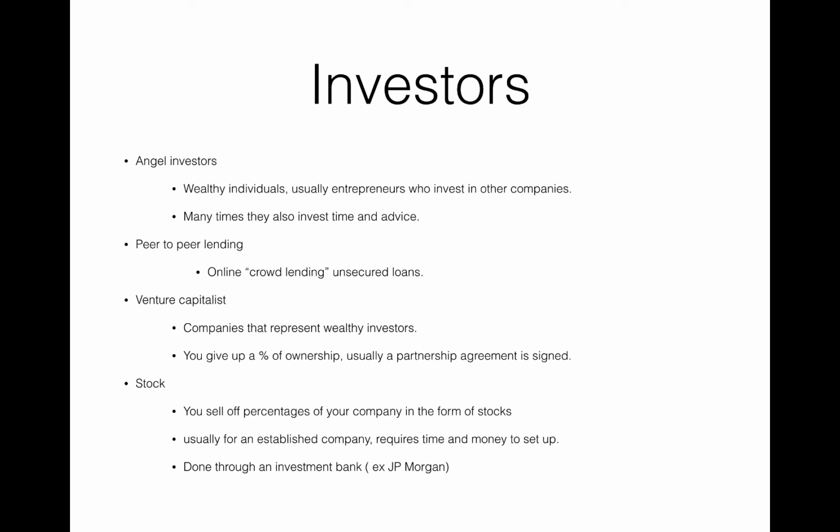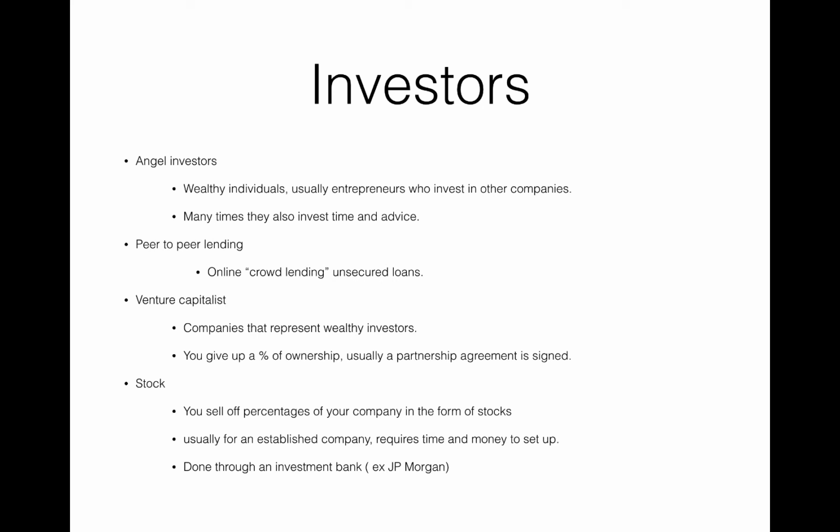So I'm looking to lend $10,000, but the person needs to have a credit score of over 650, and they need to make $50,000 a year. And so they'll put in different parameters for who they're looking for and who they're willing to lend to. Then you have venture capitalists.